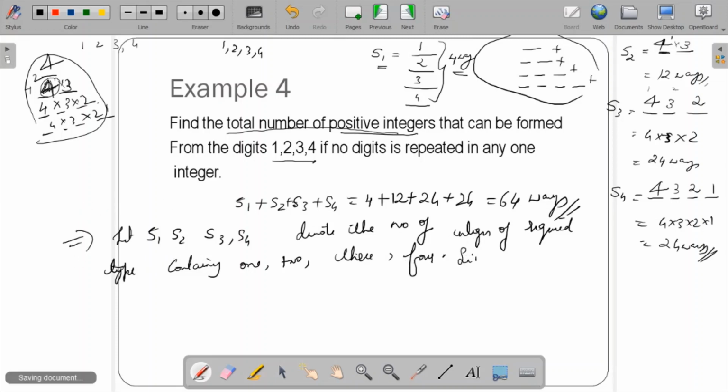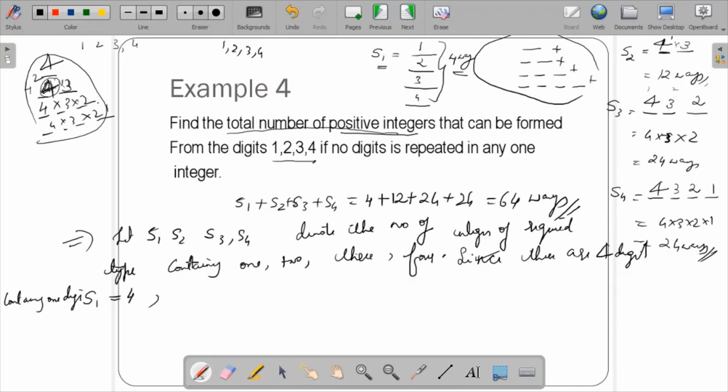Since there are 4 digits, S1 is equal to 4. That is, S1 contains only 1 digit.